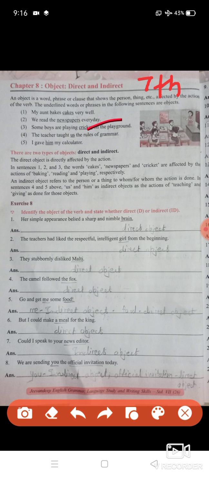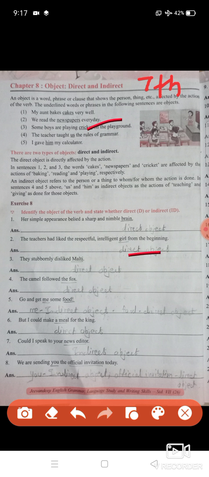So identify the object of the verb, and state whether it is direct or indirect. Her simple appearance belied a sharp and nimble brain. So here you will look, brain is the direct object, students, right? Second sentence, students: the teacher had liked this respectful intelligent girl from the beginning.